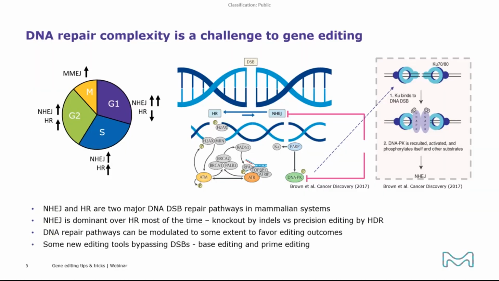First, as a gene editing researcher, it is important to bear in mind that gene editing relies on cellular DNA repair pathways, and the complexity of these pathways in eukaryotes often poses constraints for us to achieve desired editing outcomes. For instance, NHEJ and homologous recombination are two major competing pathways for DNA double-strand break repair in mammalians.